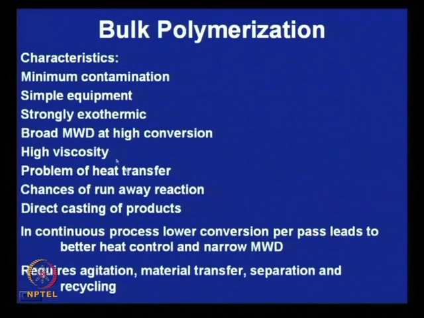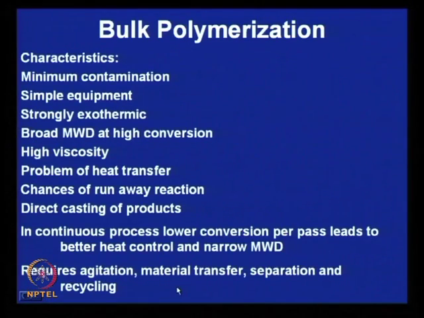As you have seen here in this case, for high conversion broad molecular distribution, in order to avoid such broad molecular distribution, one can carry out continuous polymerization, continuous batch process, where since the conversion is low, low conversion per pass, here molecular distribution will be narrower instead of broad, and in order to get such good narrow molecular distribution and good spectrum of properties, it needs agitation and it needs material transfer.